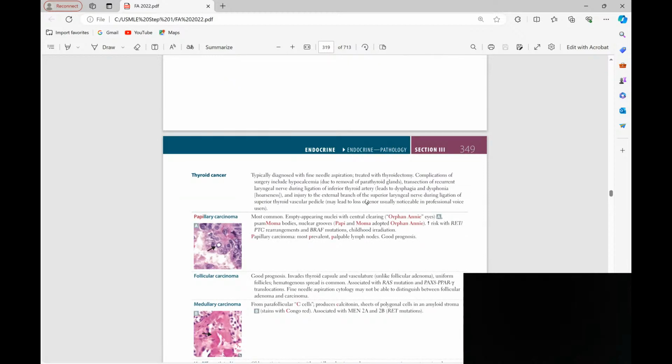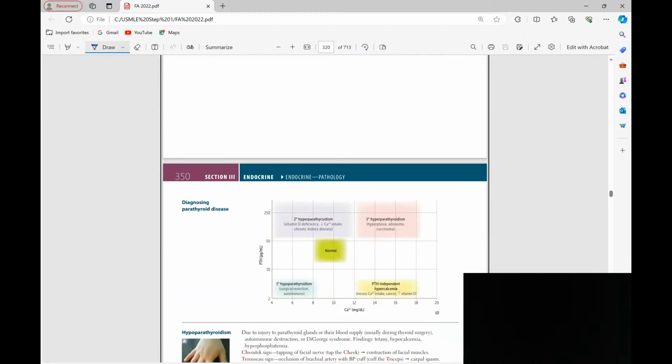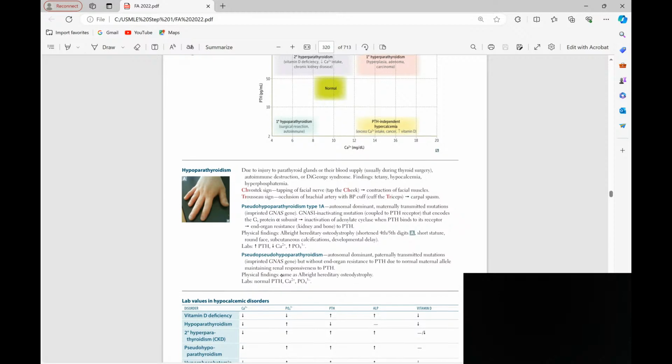This is all about the parathyroid. They have given a very beautiful chart, a beautiful spectrum, for diagnosing parathyroid disease. When we go to this chart, let's learn about hyperparathyroidism.